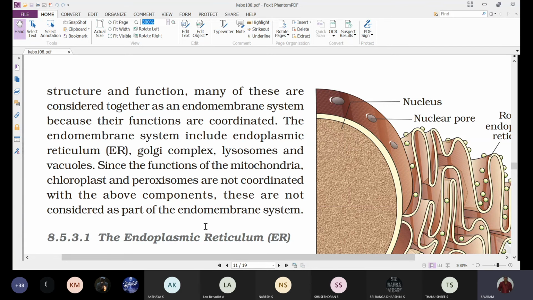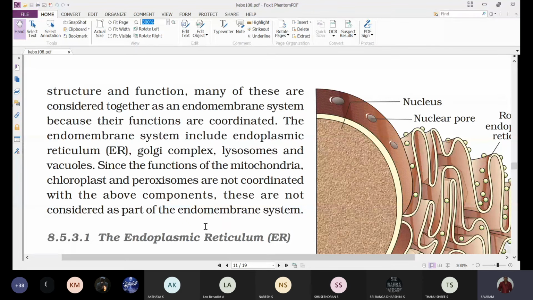These structures form the part of the endomembrane system, not the other ones. There are mitochondria, chloroplasts, and non-membrane bound organelles like ribosomes, which are also present, but they are not forming the part.